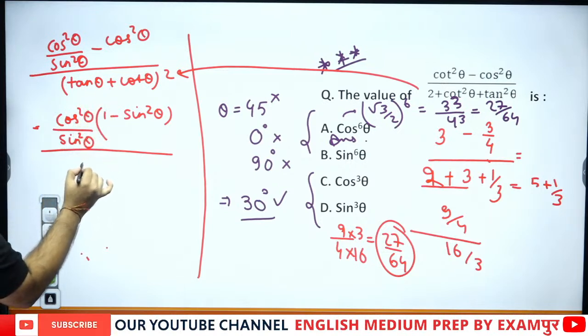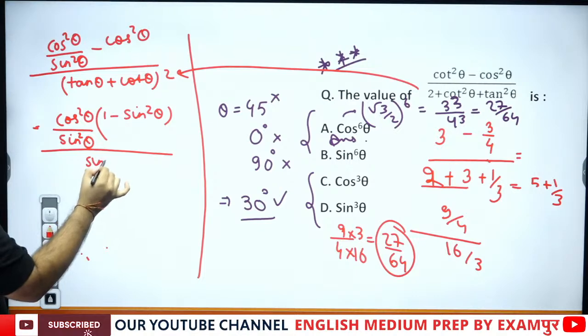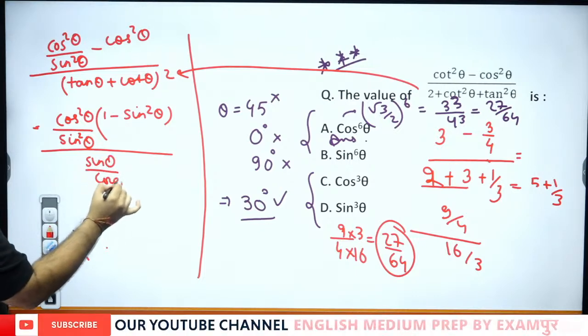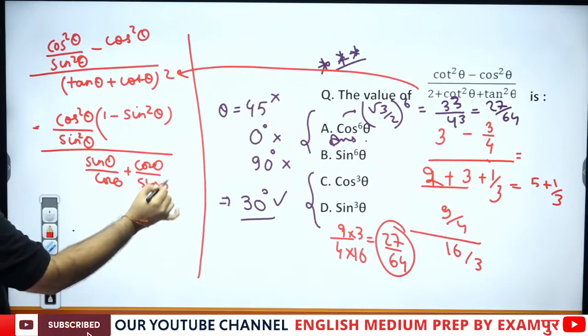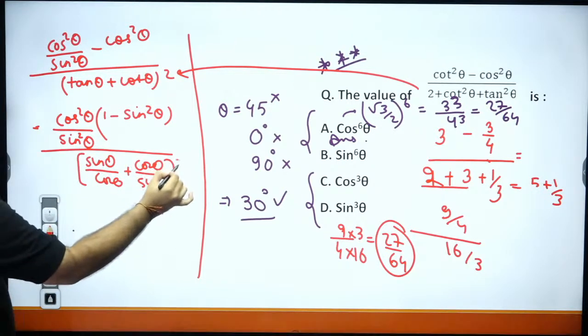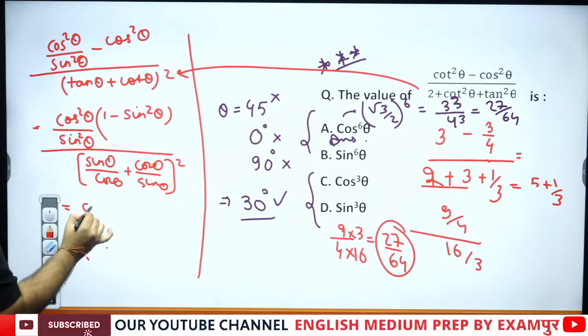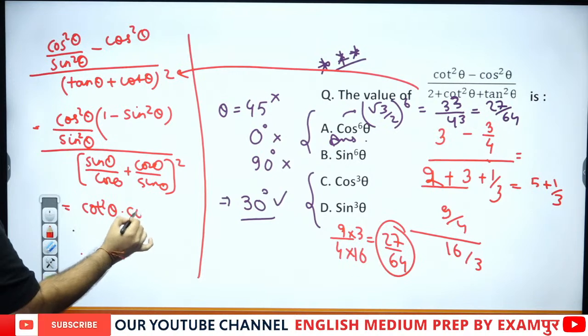Should I write it? Sine upon cos plus cos upon sine. It's cot square theta into cos square theta.